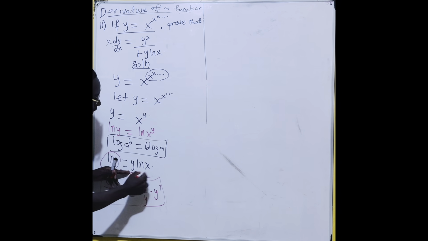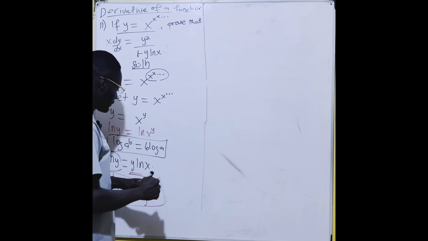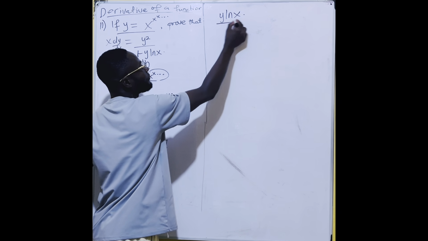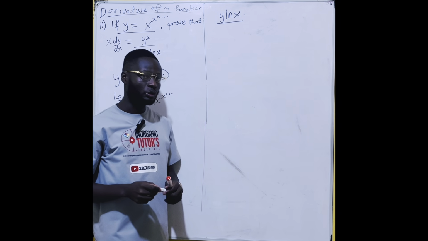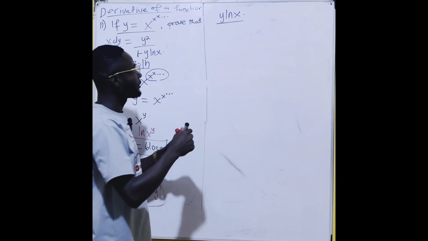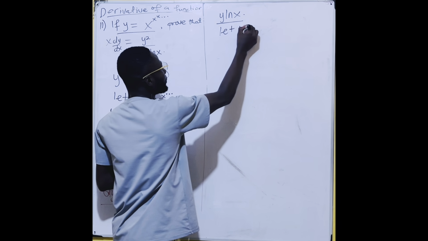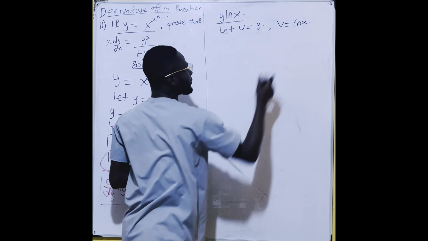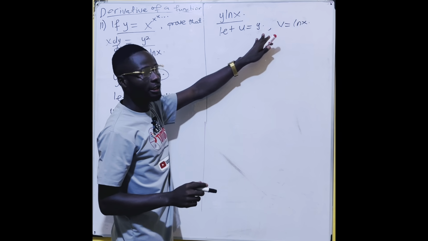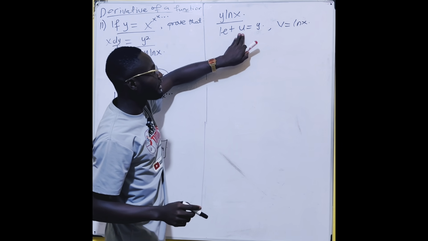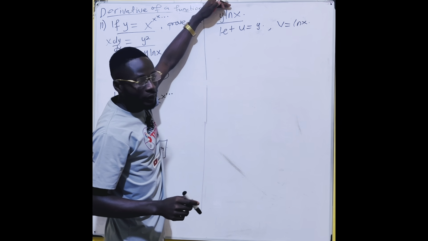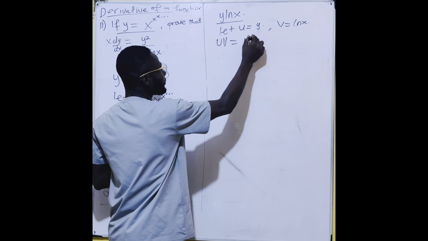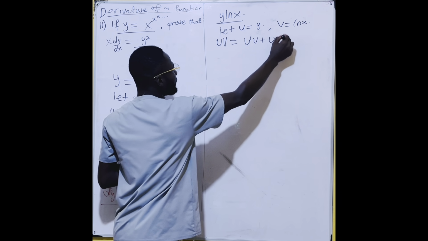So we consider this. We know that for y ln x, we have to apply the product rule to be able to differentiate this. So we let u equals y, v equals ln x. Since we are using the product rule, we know that this is equal to u prime v plus u v prime.